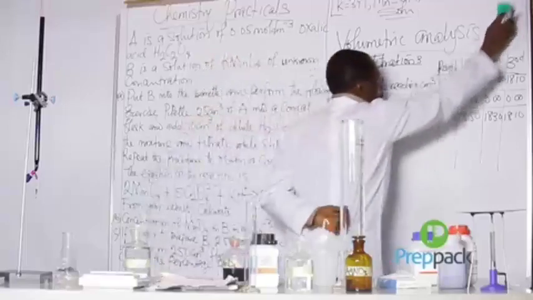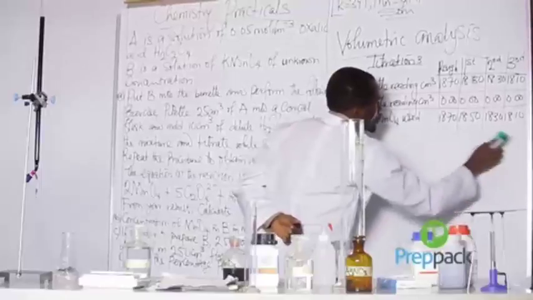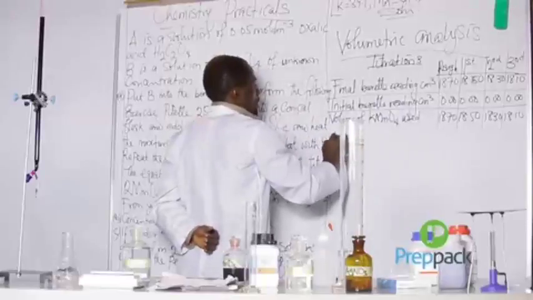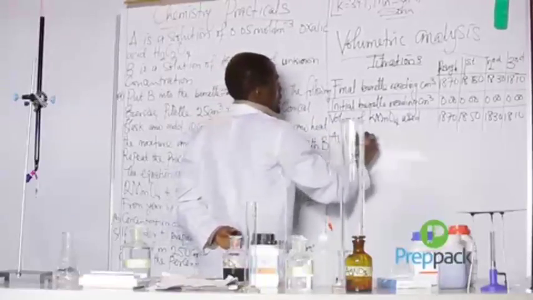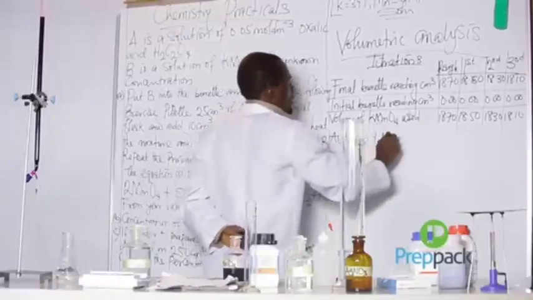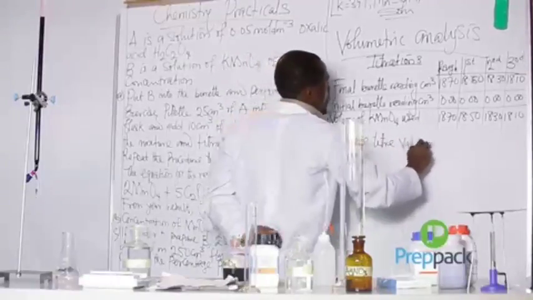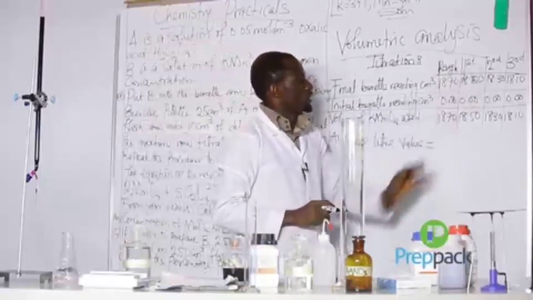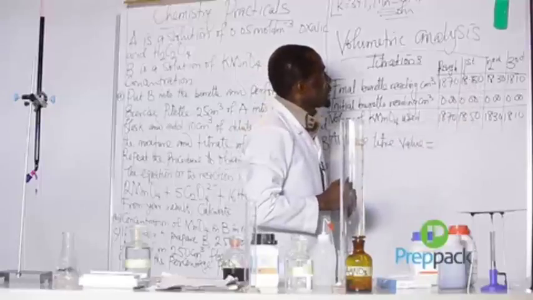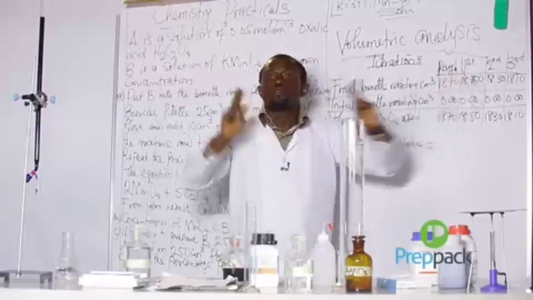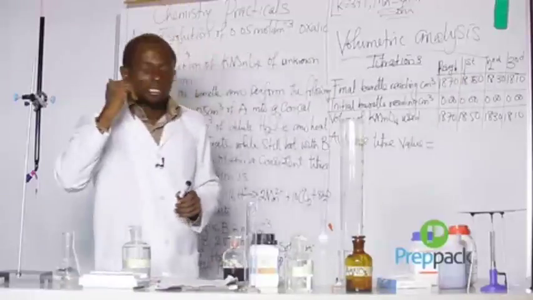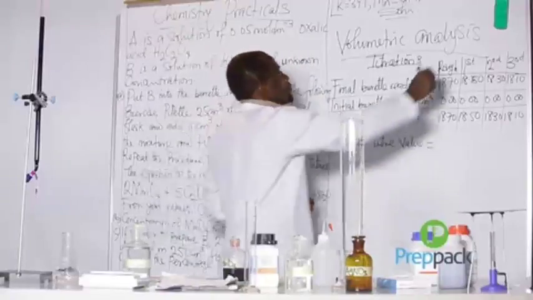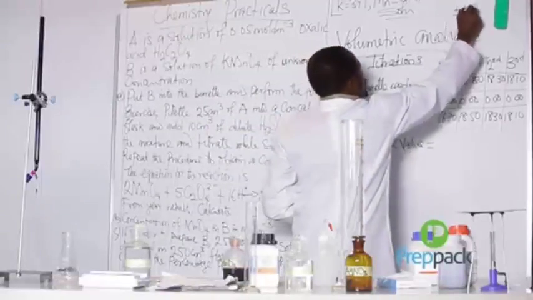Then, what else do I need to do? To calculate the average titer value. I've gotten the volume of KMnO4 used. So the average titer value now becomes... I need to take 2 concordant values here or 3 concordant values. But from what I've seen so far, I need to go for 2 values whose difference is either plus or minus 0.2.